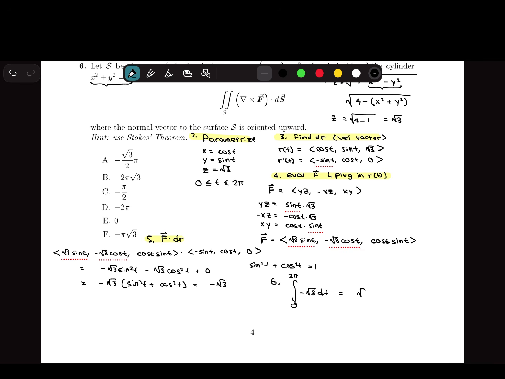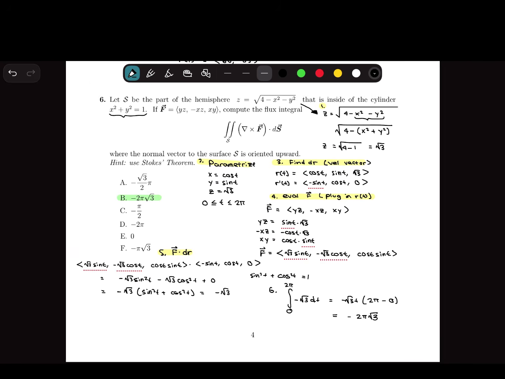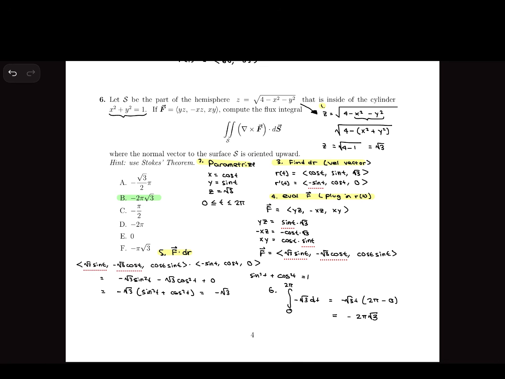Once we do that, you get negative square root of 3t times 2 pi minus 0, which simply gets you negative 2 pi square root of 3, which in this case, if we look at our answer choices, is simply answer choice B. So this is a very long problem. It's a pretty tough, very challenging one. But if you can break it down into these little parts and then put it all together, you will do great. So that was question number 6.